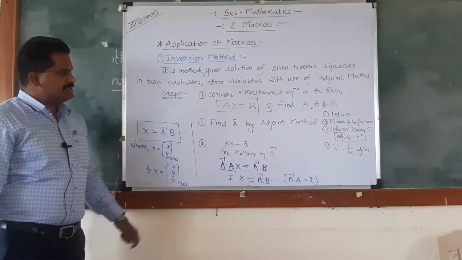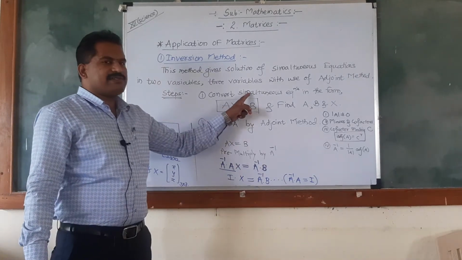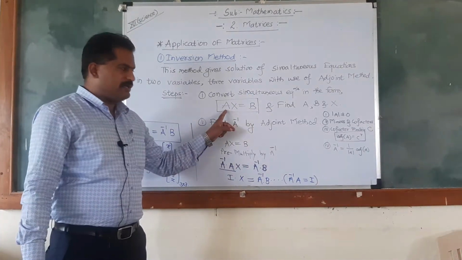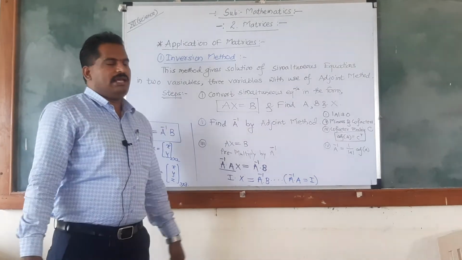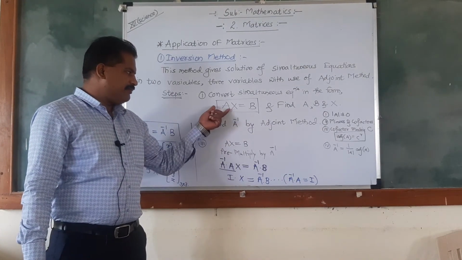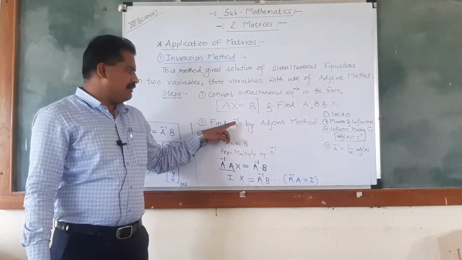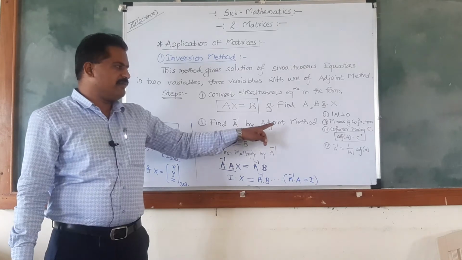With these three simple steps, firstly, the simultaneous equations convert in the form of Ax is equal to B and find A, B and X. Second, by comparing, we get A, B and X and find A inverse by adjoint method.